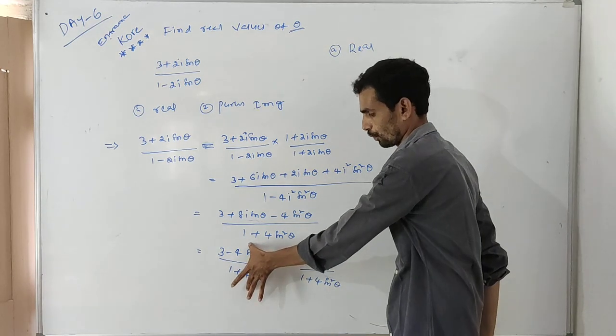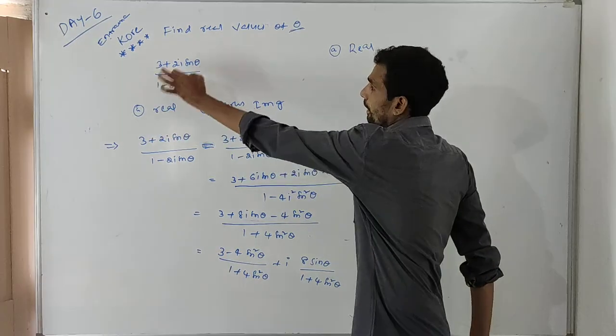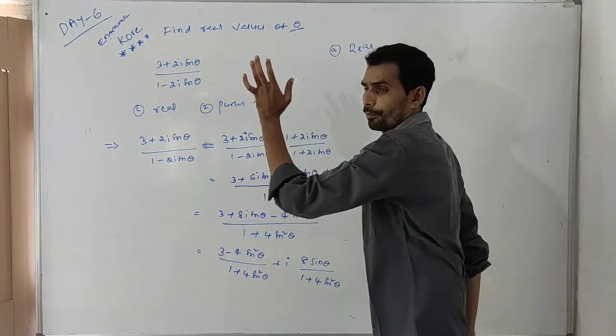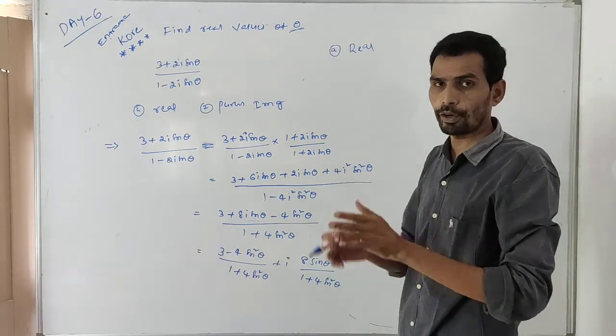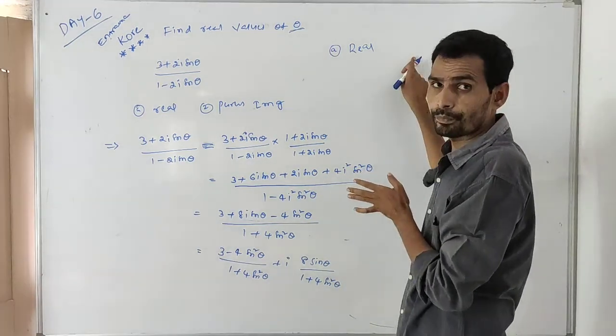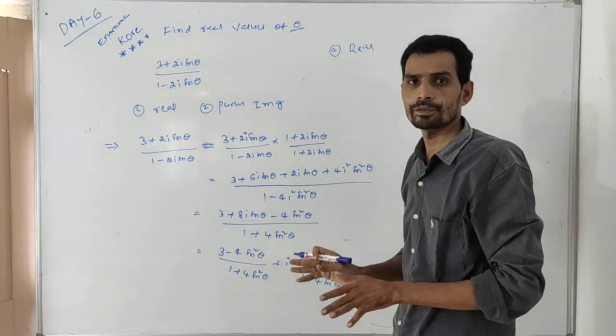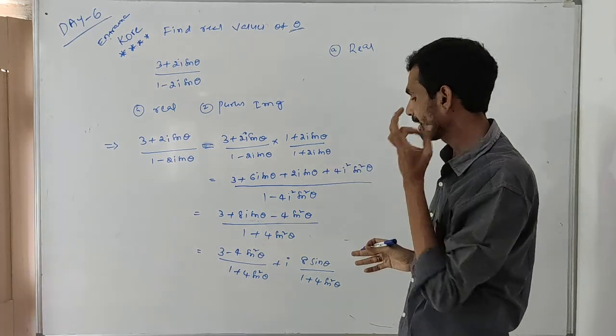They ask to find the real values of theta for the real part. I want only the real part solution. Real part solution means imaginary part is 0, not real part is 0. We want the real part only, so we have to set the imaginary part to 0.